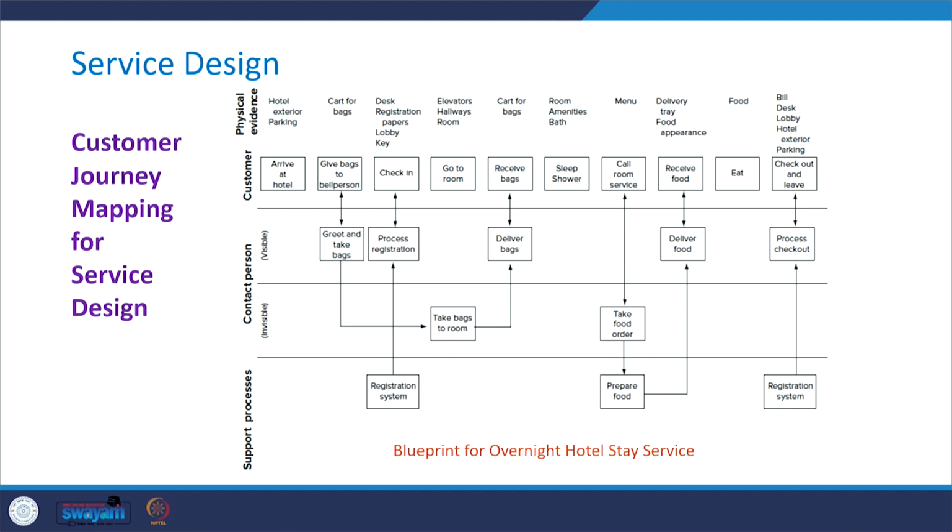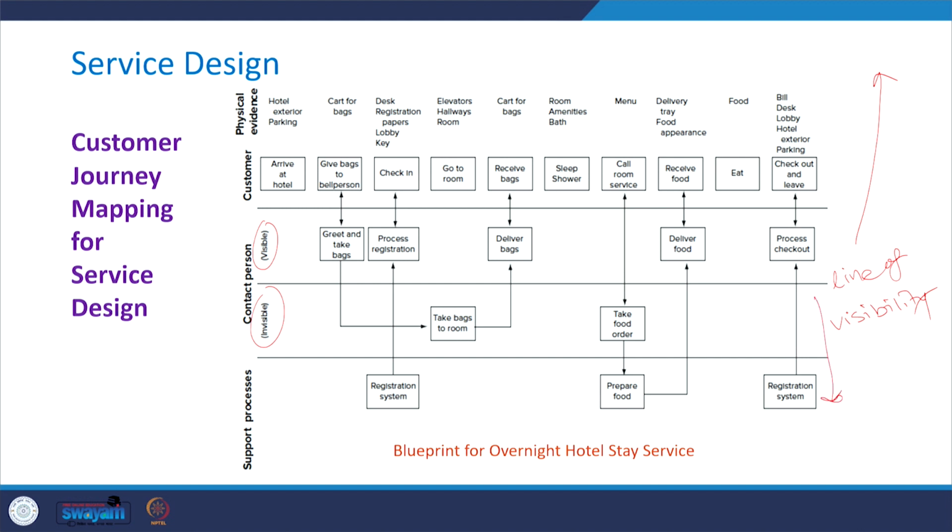Let's now understand the service blueprint with this example of an overnight hotel stay. In this image we can observe that there are certain things which are visible and invisible, and this is what we call the line of visibility, right? Customers can see all those things above this line, and may not observe those things which are happening at the backstage.